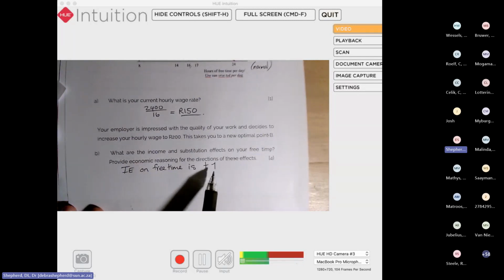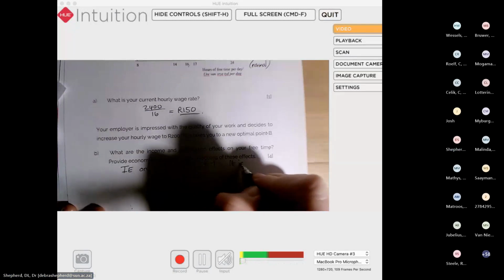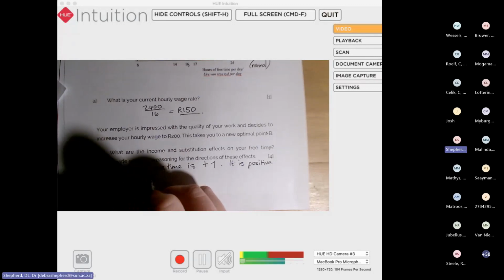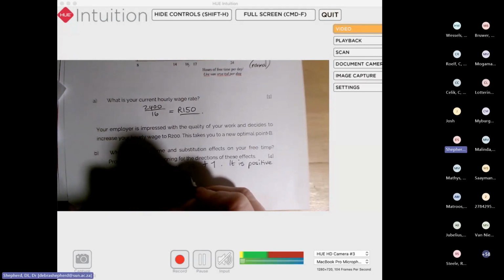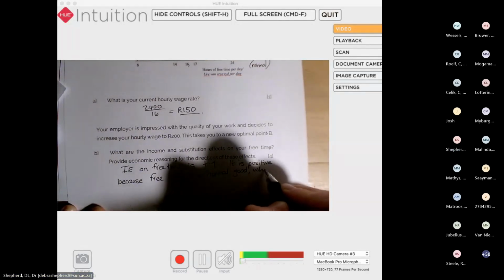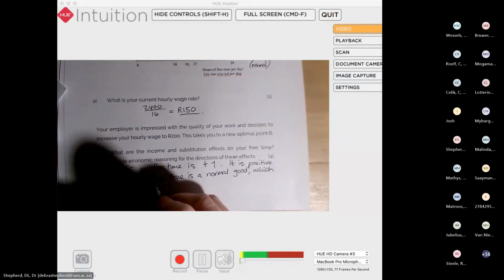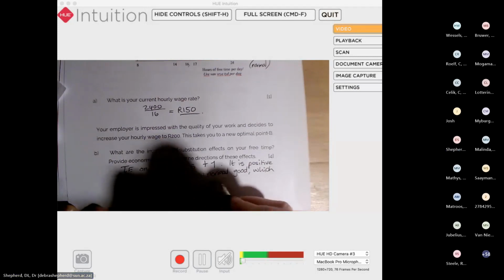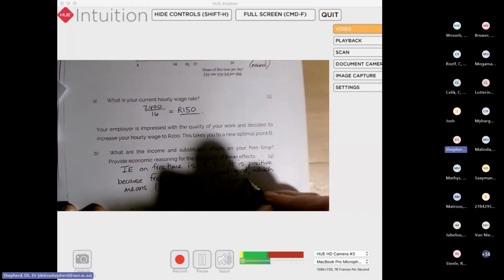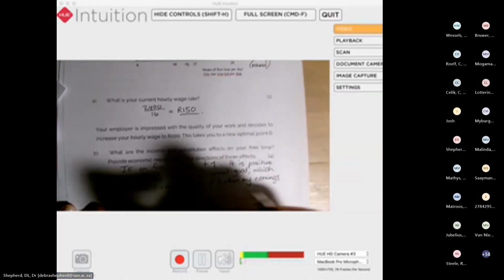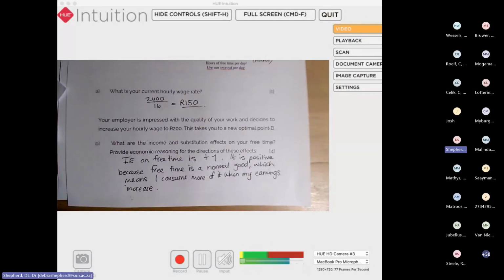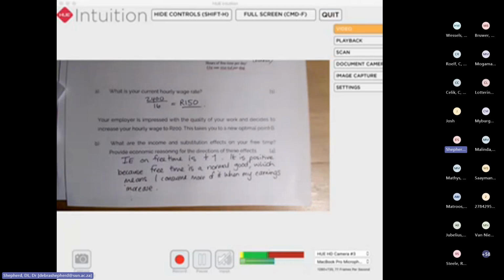And the reason why this is positive is because free time is a normal good, which means I consume more of it when my earnings increase. So the income effect is positive because it is a normal good.